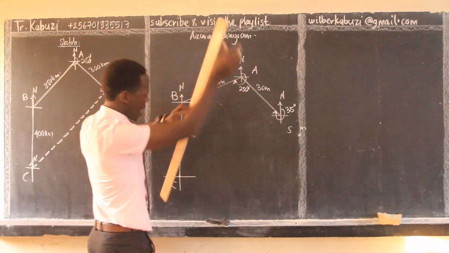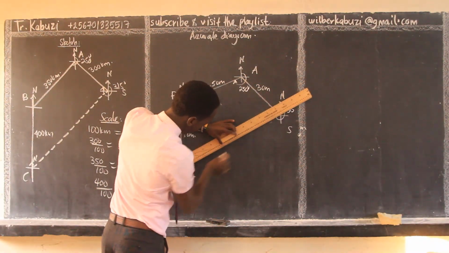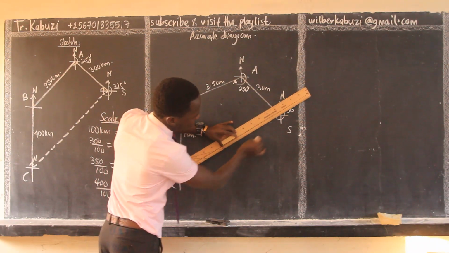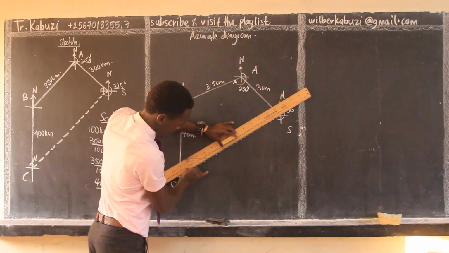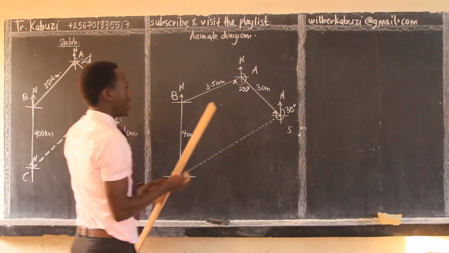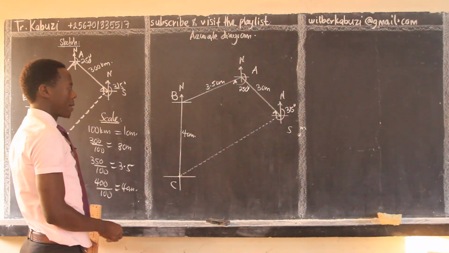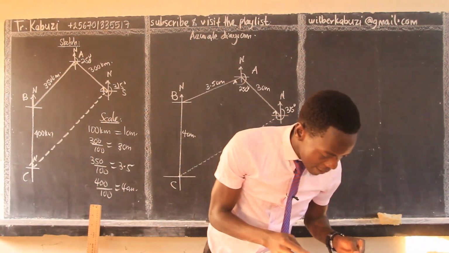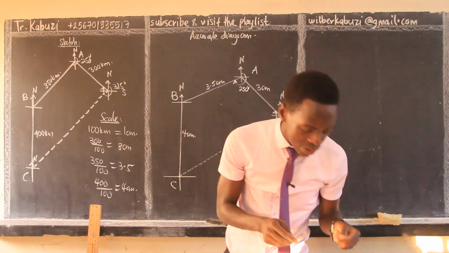They want us to get the shortest route from C right to the starting point. So now I just join from here up to here. This is going to be the shortest, direct route from C up to S, where they are going to receive medical attention. So this is the distance they want us to measure. Probably that is now the accurate diagram. So the task was to determine the bearing and the distance on the direct route they should take.